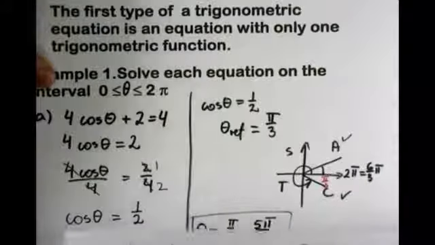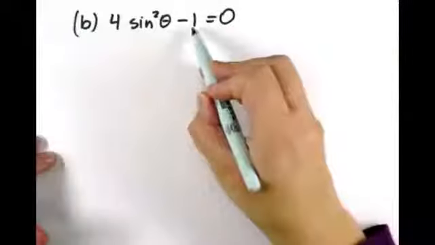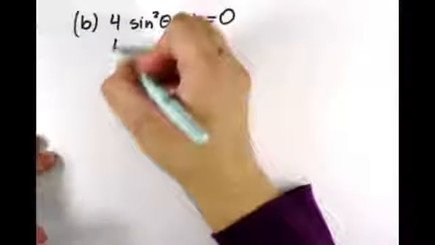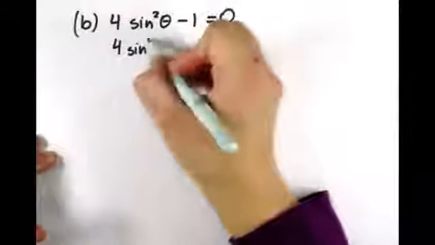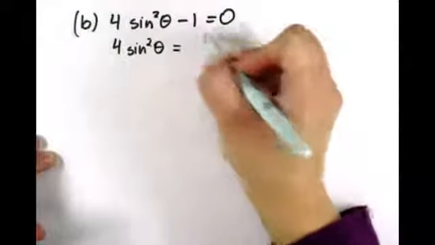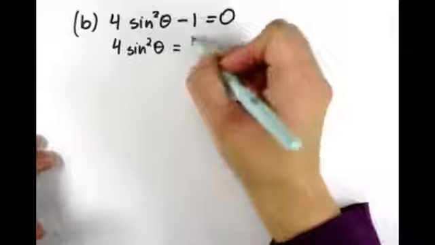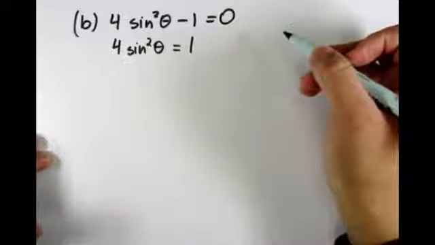Now we have B: 4 sine square theta minus 1 is equal to 0. First, we need to solve it for sine square theta. So I'm bringing this 1 over. So I have 4 sine square theta is equal to 0 plus 1, which is 1.